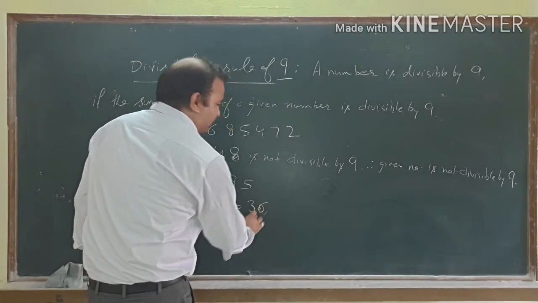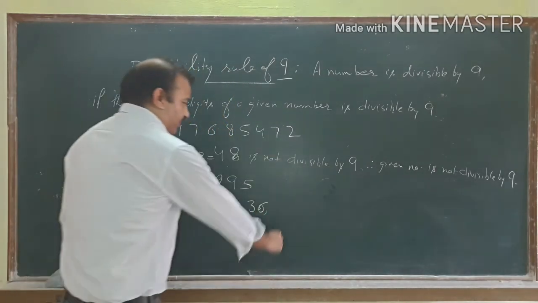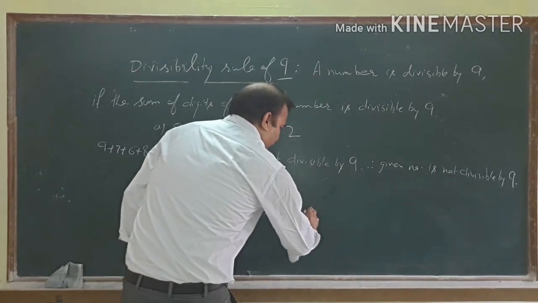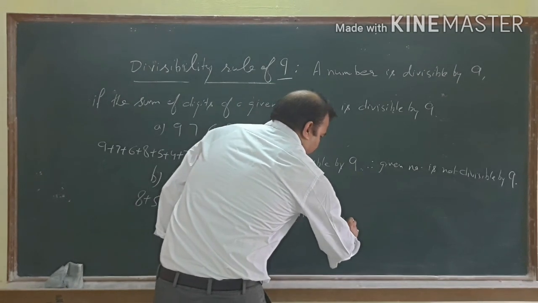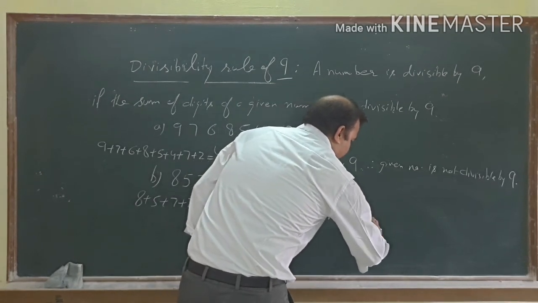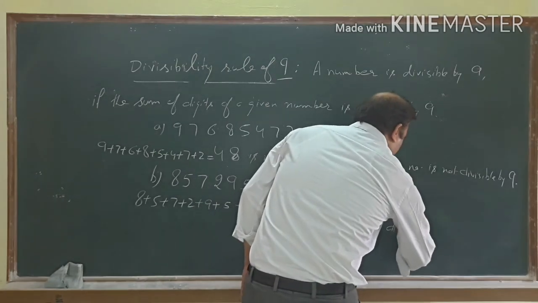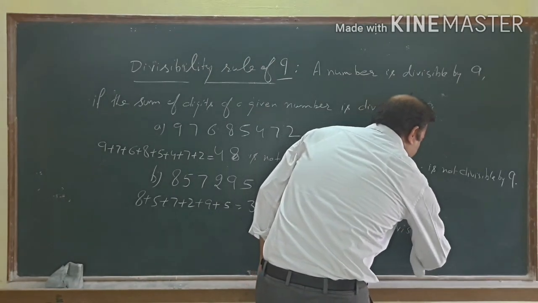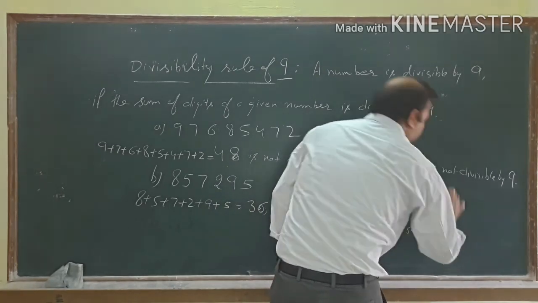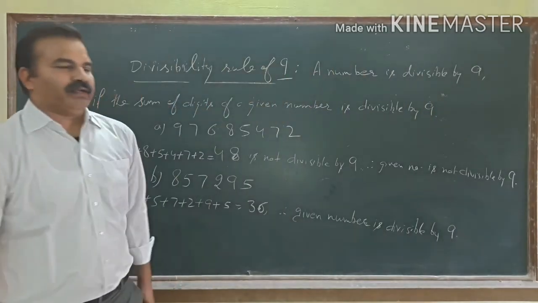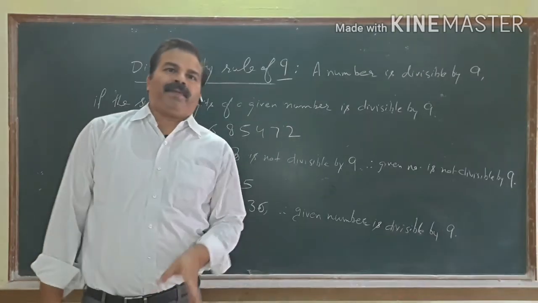Fine, and 36 comes in the table of 9. Therefore the given number is divisible by 9.